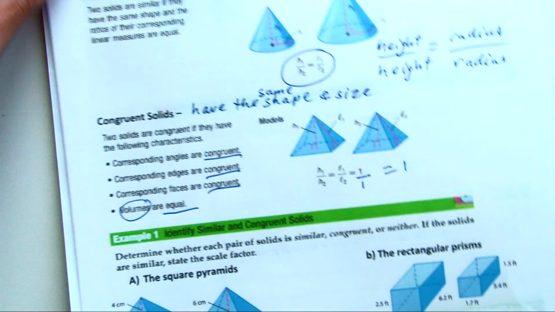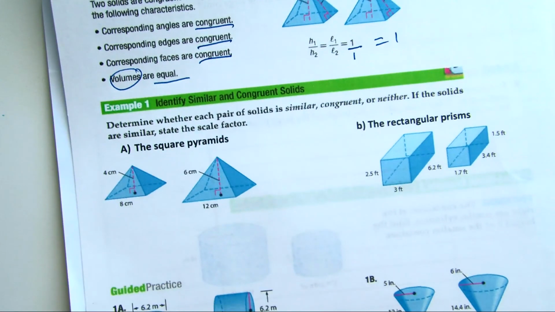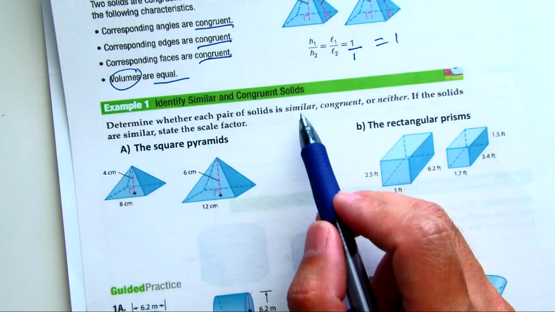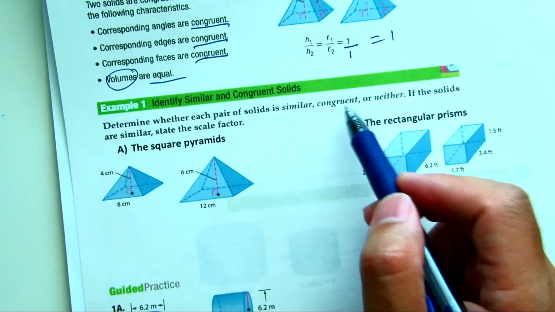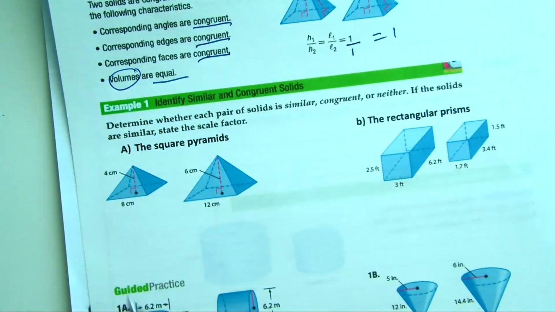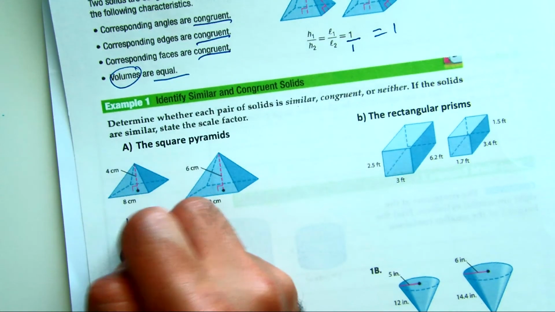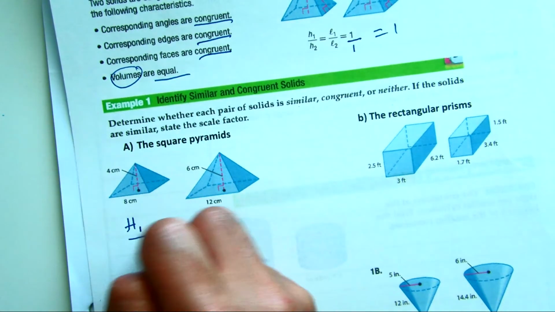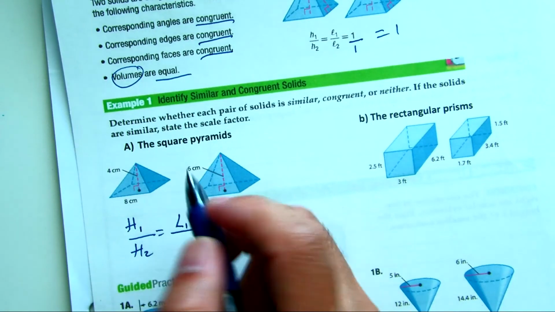So let's practice. Example 1, determine if the solids given are similar, congruent, or neither. The first thing we do is compare the corresponding parts. I start with height 1 to height 2, compared to the leg or the side 2.